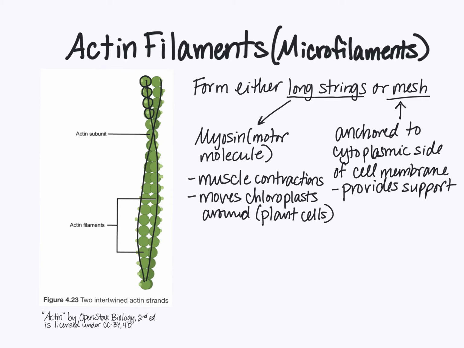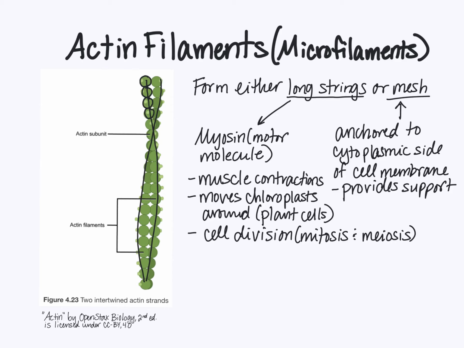Actin filaments are also responsible for pinching a cell in two during cell division. So during cell division, called mitosis or meiosis, and we'll talk more about the specifics of mitosis and meiosis in a different video.